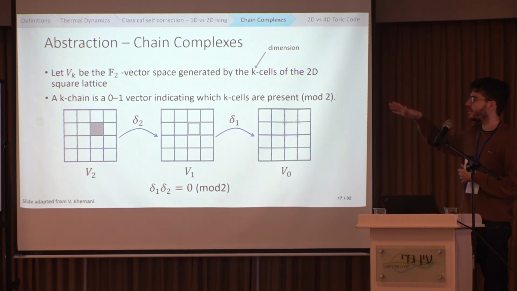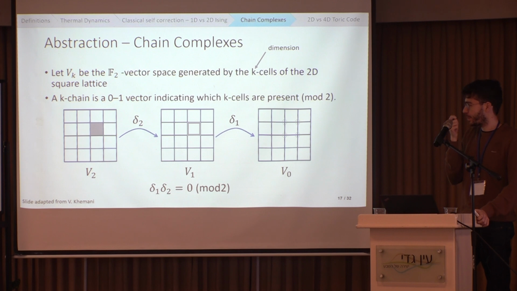And a k-chain is a 0-1 vector indicating which k-cell is present. So in this example, we have a plaquette which is triggered, and we assign a 1 in this vector. We have an entry for each plaquette, and this gray plaquette is triggered, which means it has a 1.